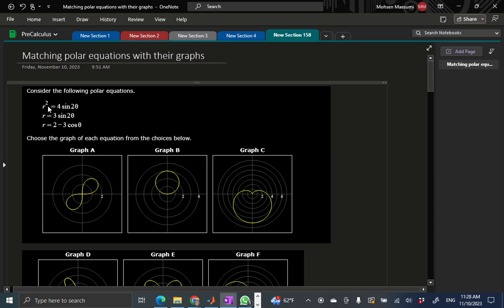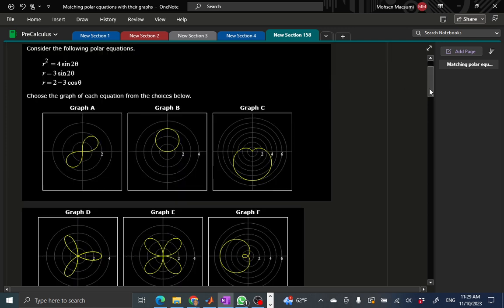You remember that means a ribbon. So this is our nicest ribbon. With sine it was going to go at 45 degrees, which this one does, and that number is the square of the radius, so the radius will be 2. So it's obvious that this one will be choice A.